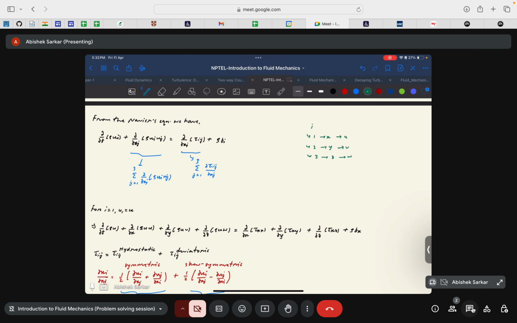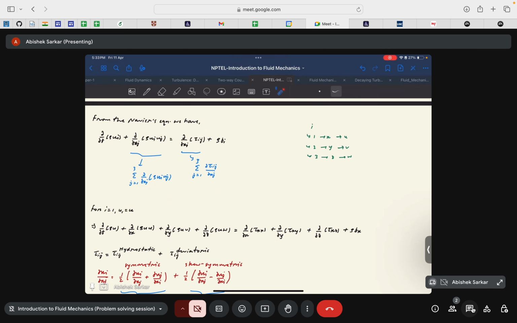Again in this term we will have dou by dou x of, the first index will remain constant since we are dealing with i equal to 1, so it will correspond to the x component. So we will have dou by dou x of tau xx, then j would vary to 2, dou by dou y of tau xy, then dou by dou z of tau xz, and then sum all these terms.